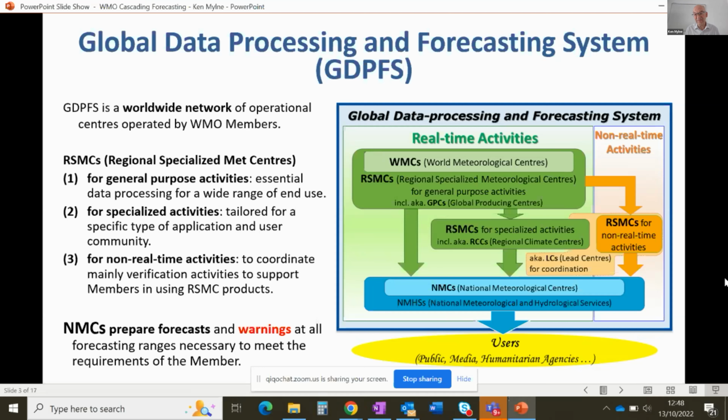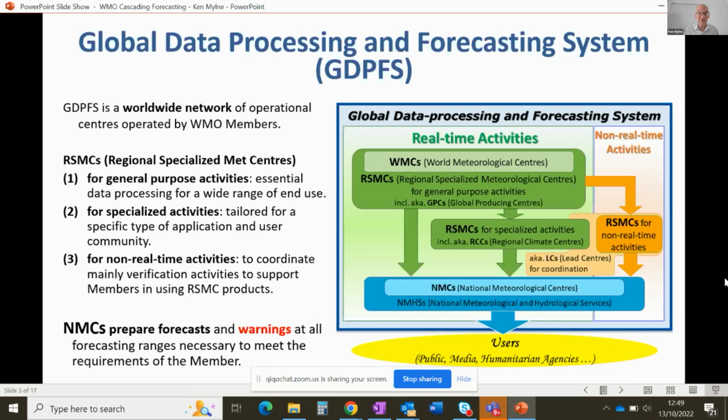The diagram on the right is a bit complicated. It tries to set out the different types of centres that we have. The key bits are that we have what we call world meteorological centres and regional specialized meteorological centres. Each RSMC has certain types of responsibility, and different RSMCs will have different responsibilities. Particularly on the left, it highlights some of the different types.